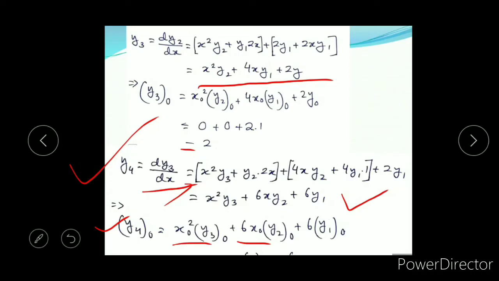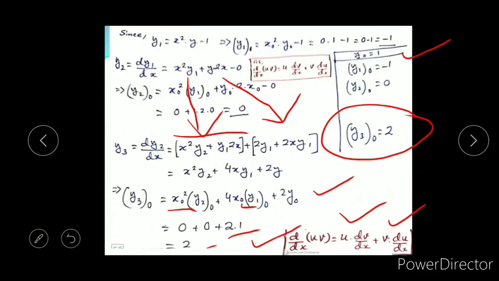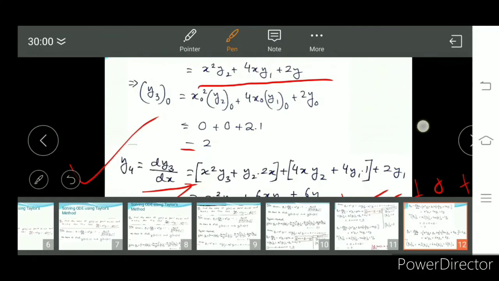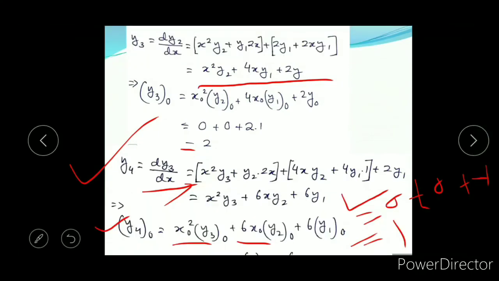As we have seen, the value of y1 0 is minus 1, so it is 6 into minus 1, that is minus 6.